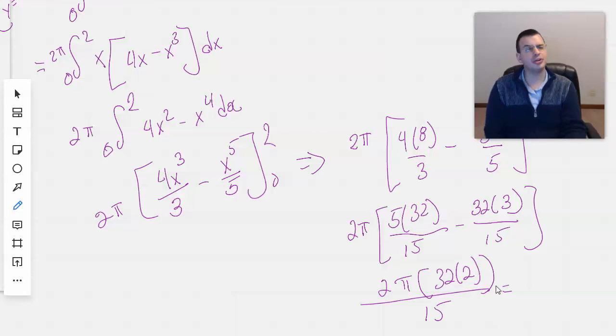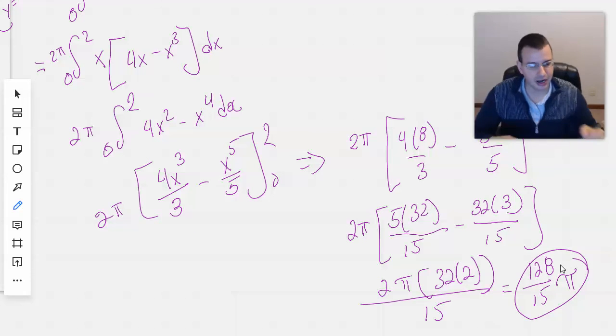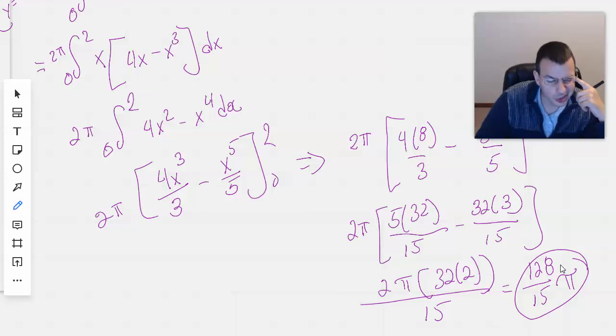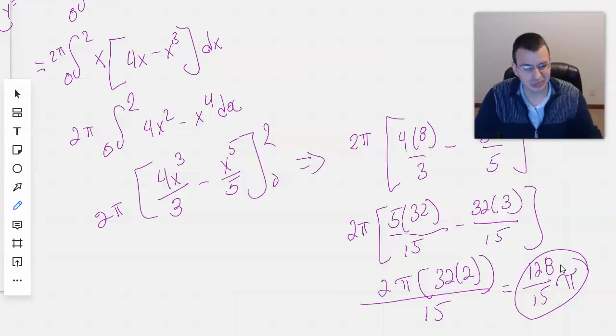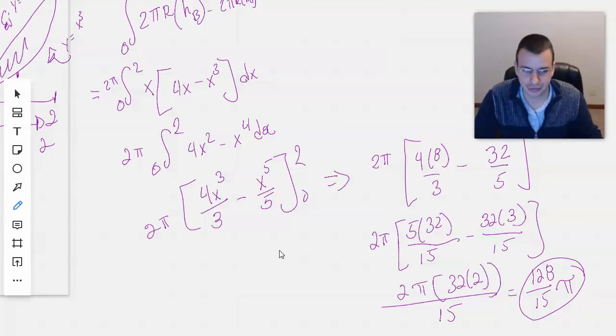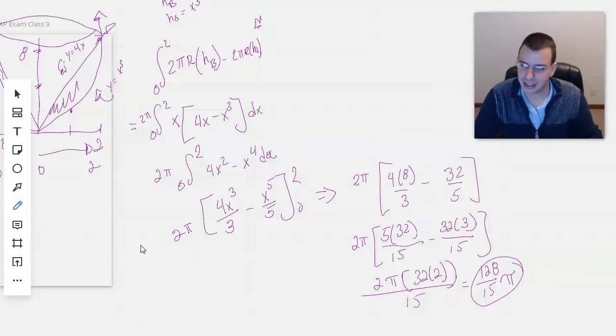That's 64, 128 over 15 pi. I wonder how many pi that is. So let's see, 15 goes into 30 twice. I don't know, like 8, 24, 8 pi maybe? That's a good amount of pi.